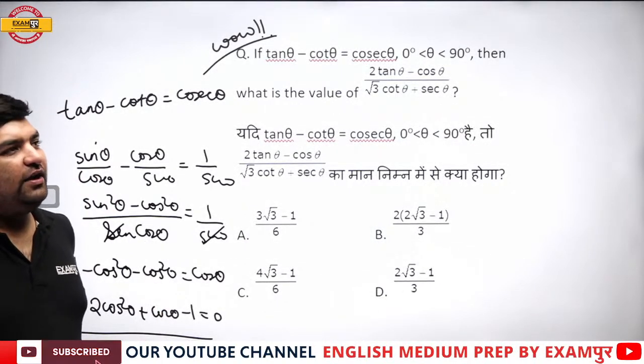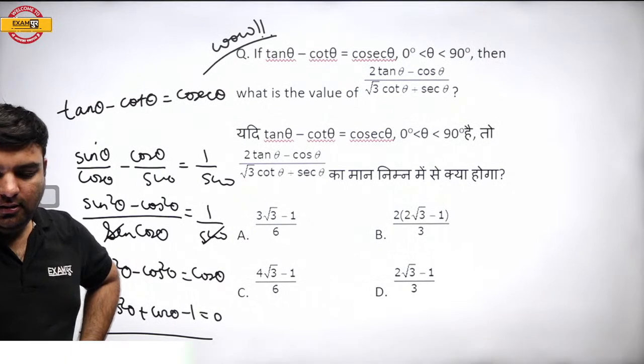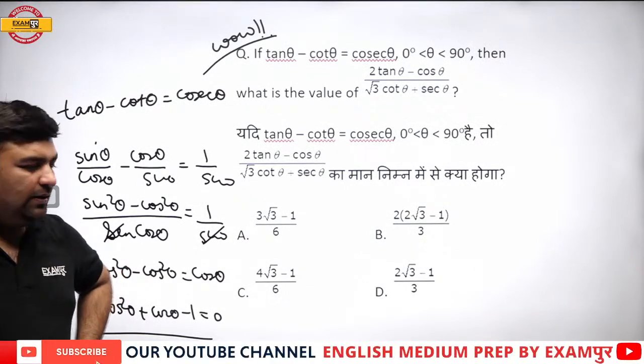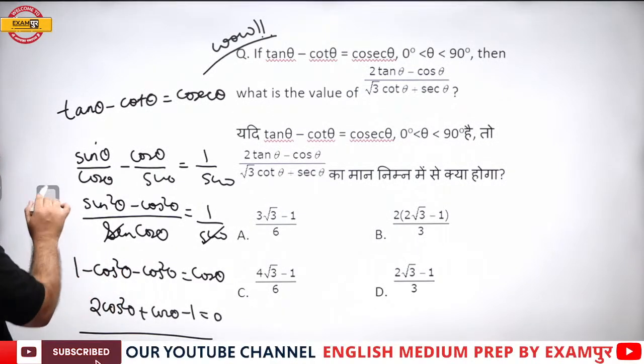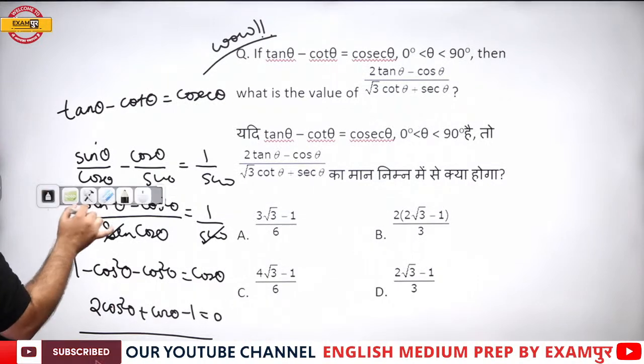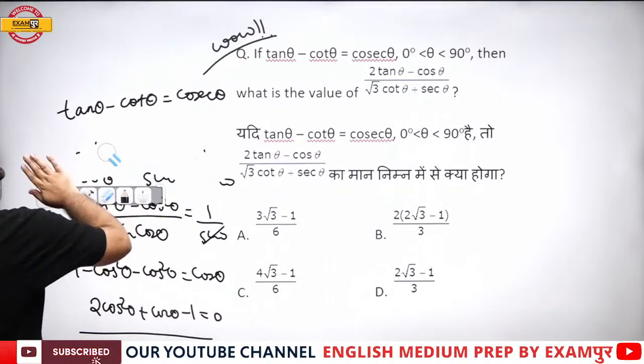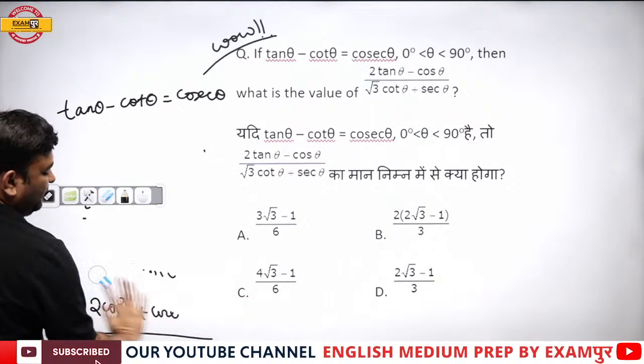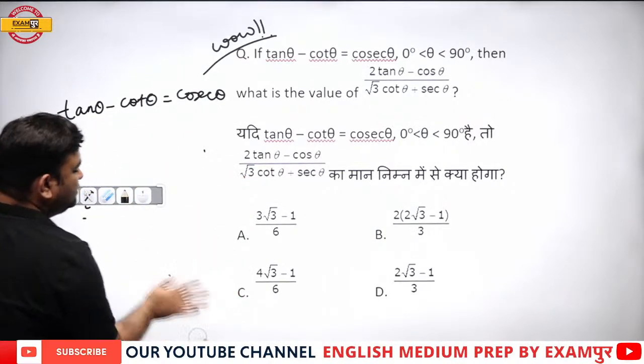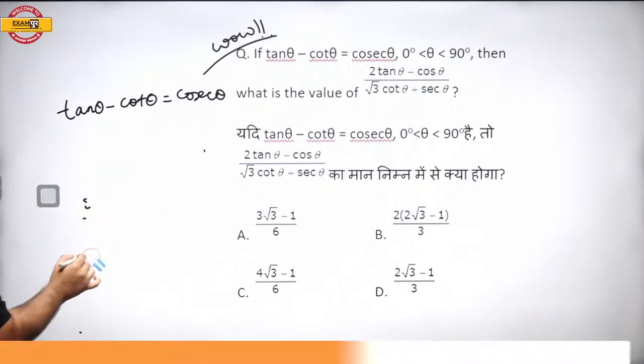Then what is the other way possible? The other way possible is to go for the values. Think of values which can reduce this work.